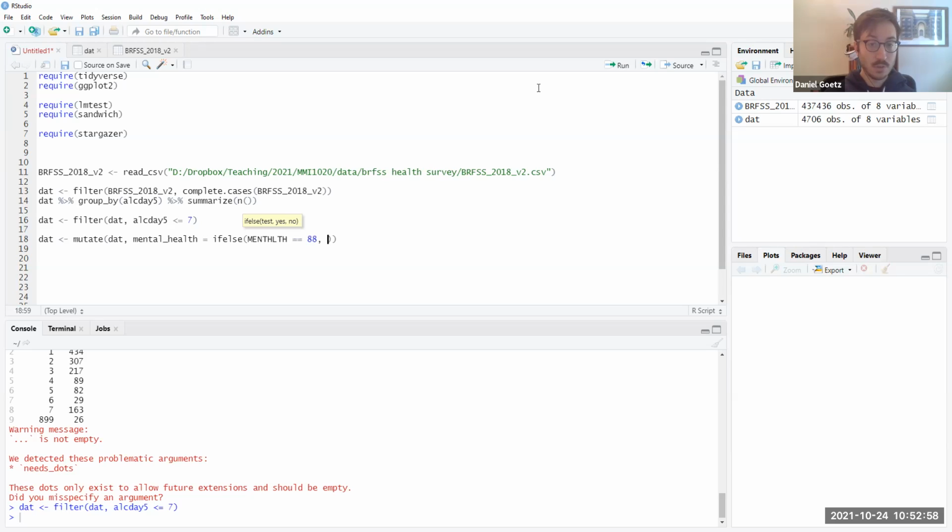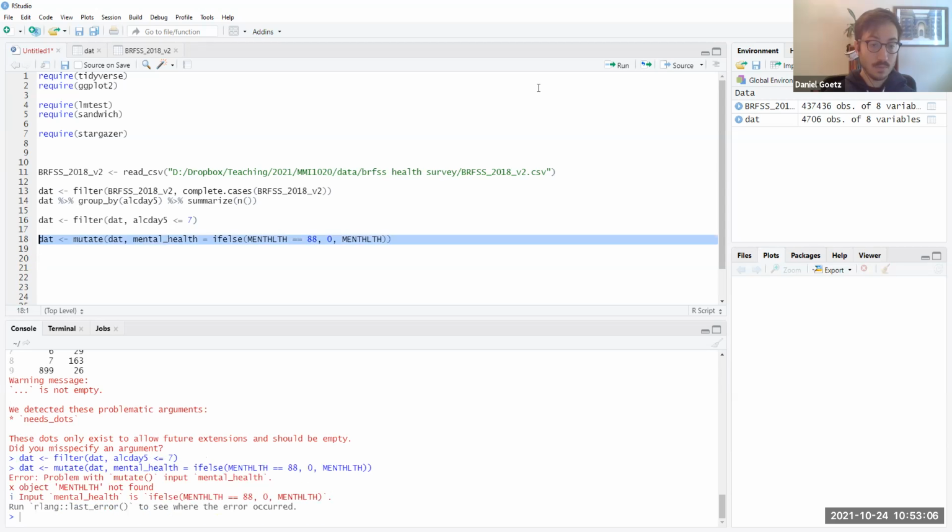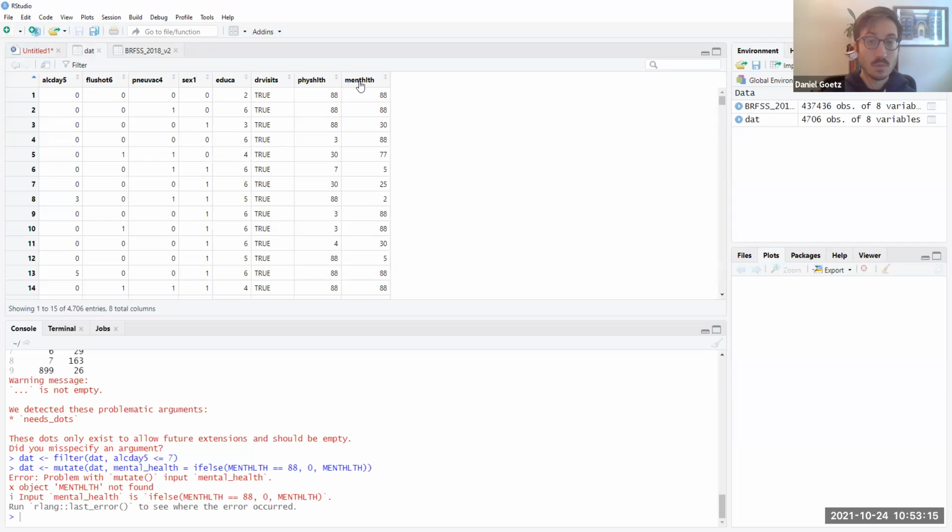So we're going to set it equal to 0. Otherwise, we'll set it equal to its value in the data set. MENTHLTH not found. Right, okay, because it's this lowercase thing.